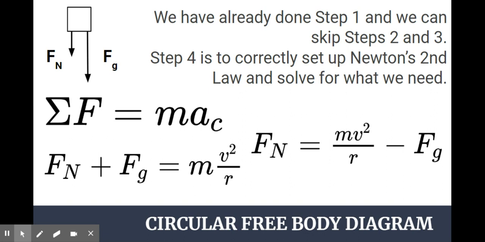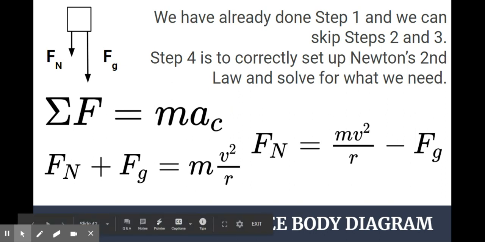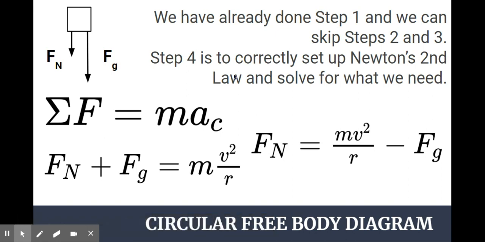So our net force, the total amount of forces, needs to equal his mass times the centripetal acceleration. So for our normal force, let's say that down is positive. We're going to redefine our coordinate system here. We're going to call down positive. So in this case, since down is positive, the normal force is in the positive direction. Our force of gravity is in the positive direction, and our centripetal acceleration is also in the positive direction.